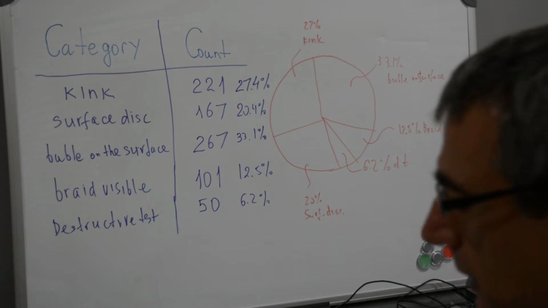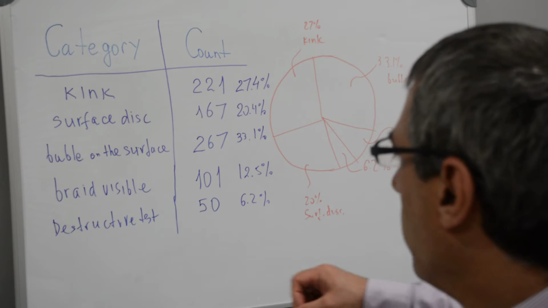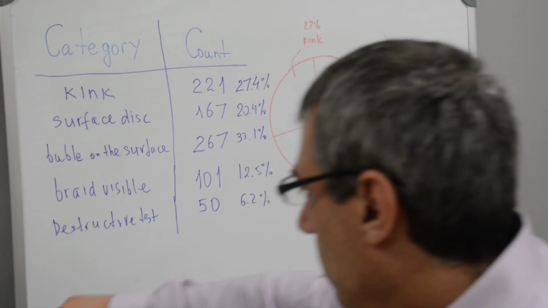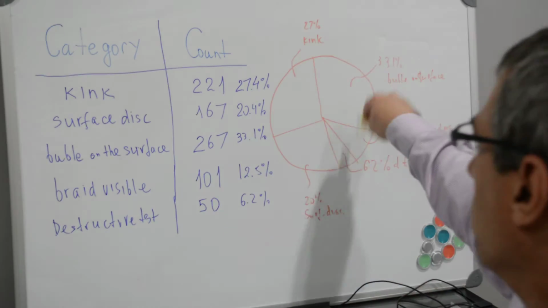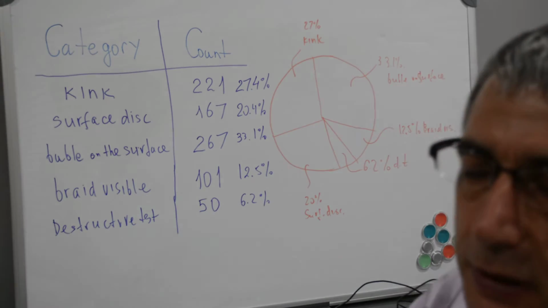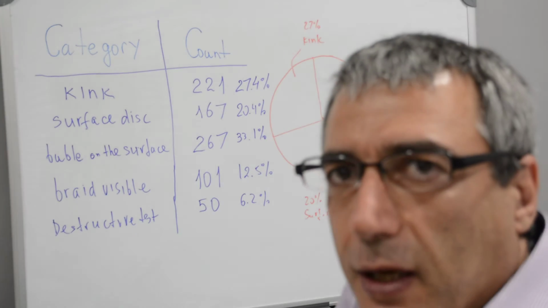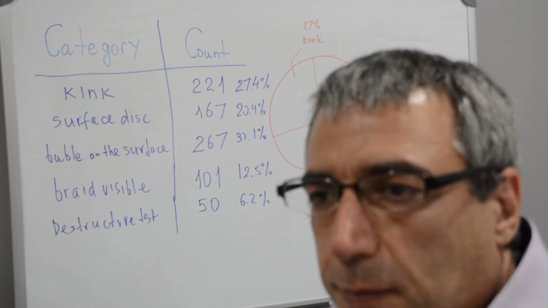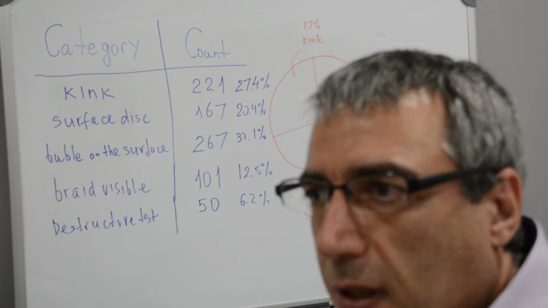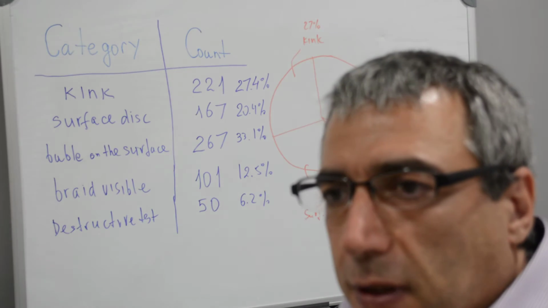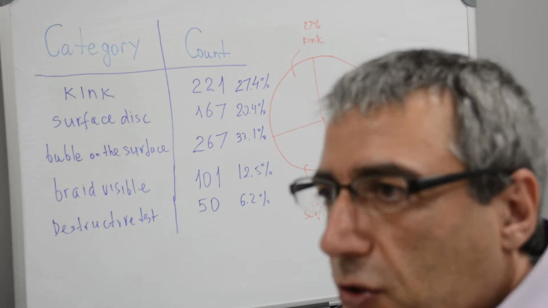So this representation is called a pie chart, and certainly the coloring is applied as well. The statistical software does this job perfectly. I just did it for presentation purposes. Another way of presenting the categorical data is called a bar chart.